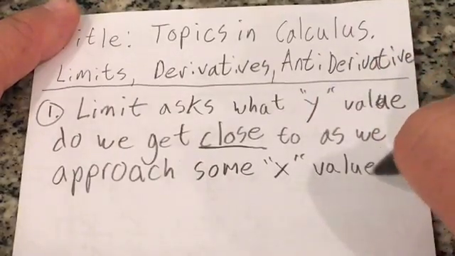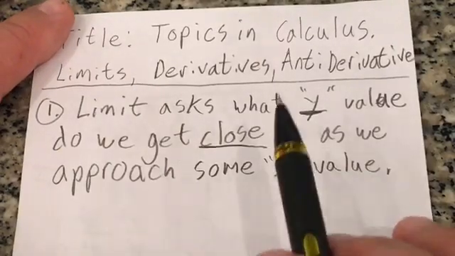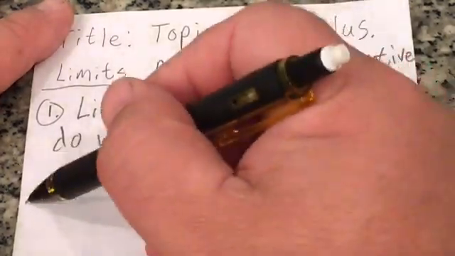But the answer is the y value. That's the answer. As you get close to some x value, and they just want to know what y value you get close to. The second topic is called the derivative.